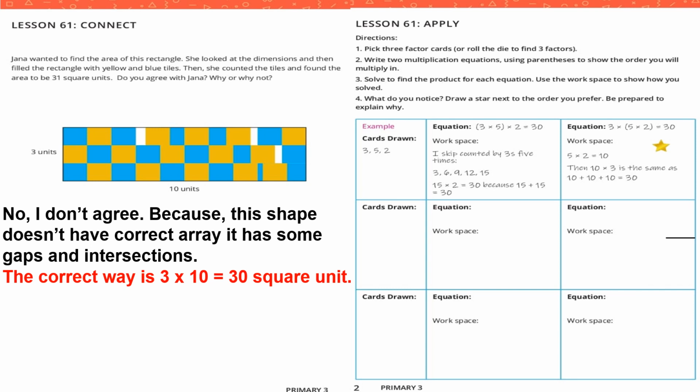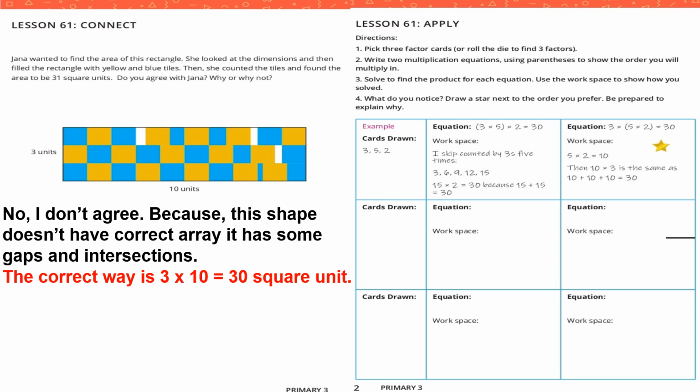So length times width equals 3 times 10, or 10 times 3, equals 30 square units. And don't forget, in the area we should write the unit as square units, or square centimeters, or square meters. Don't forget, this is for area only.